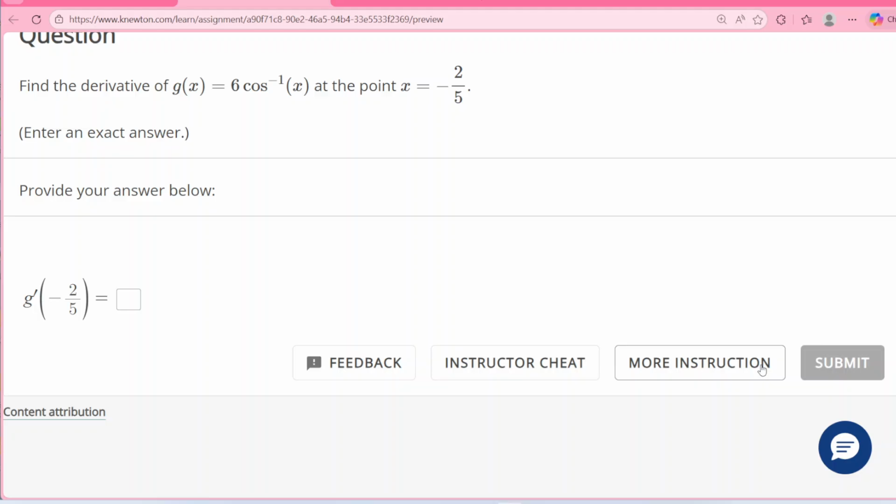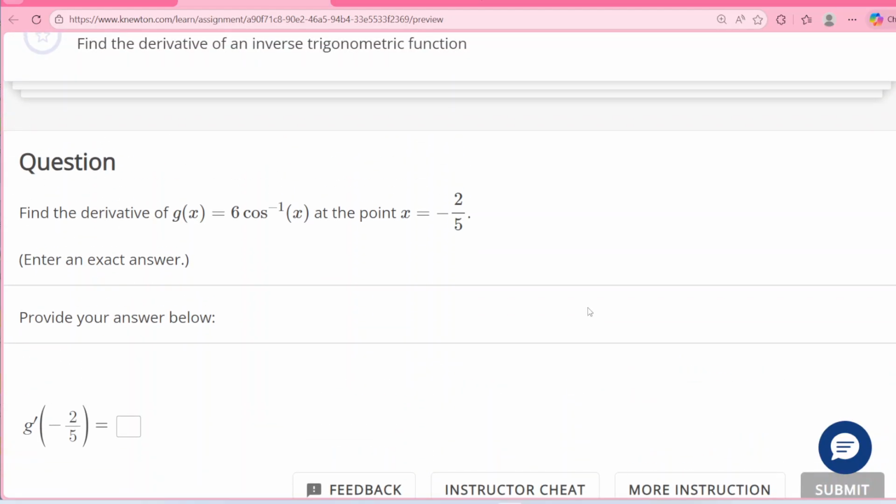So if you're working on a question and a particular objective that you don't really remember the material too well, click on more instruction and you'll be given some reading to do or videos to watch or both. That will hopefully help you refresh your memory as to what the material is about and help you get through the assignment that way.